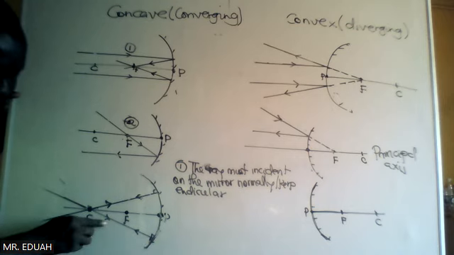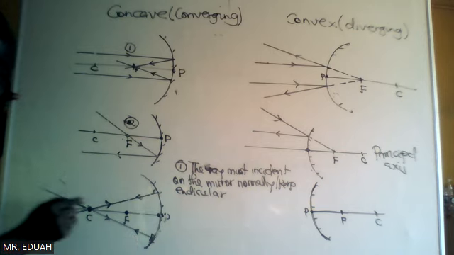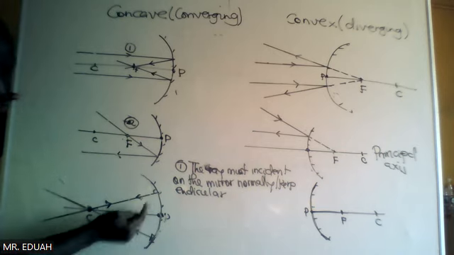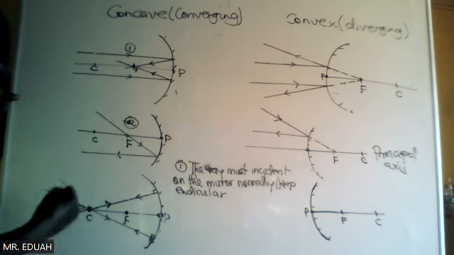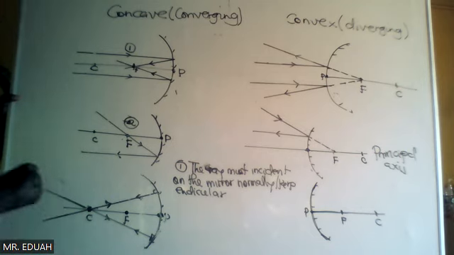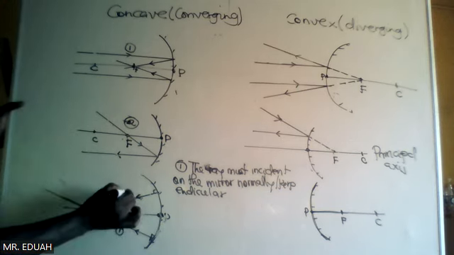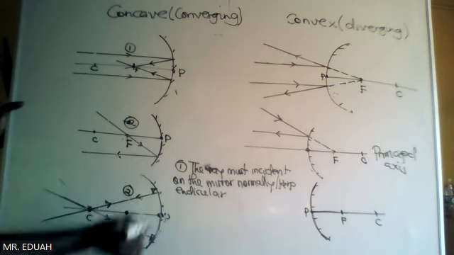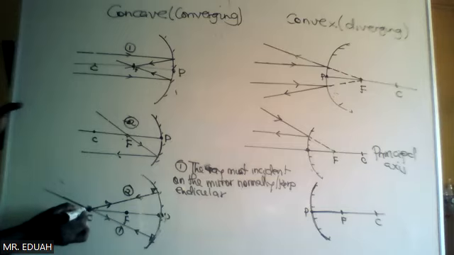So incident, forward arrow, reflection, backward arrow. Incident, forward arrow, reflection, backward arrow. And they will all either converge or pass through the same point on the principal axis. So ray 1, ray 2 are hitting the mirror at 90, and they are all passing through the same point on the principal axis.